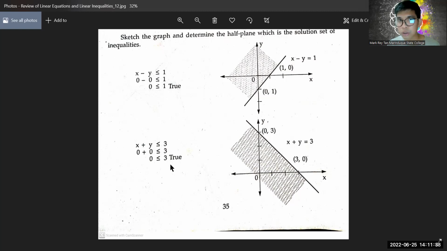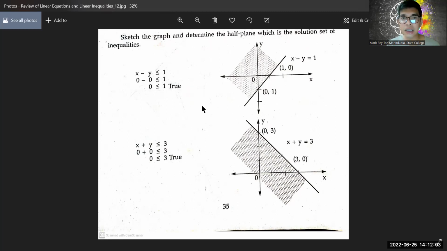So, that is also true. Kaya yung kanyang solution set is paganyan. Okay, again, paki-remind. We have here an inequality symbol of less than or equal to. Kaya yung guhit buo. But if that is only greater than, I mean less than pareho, naka-dash dapat yan.